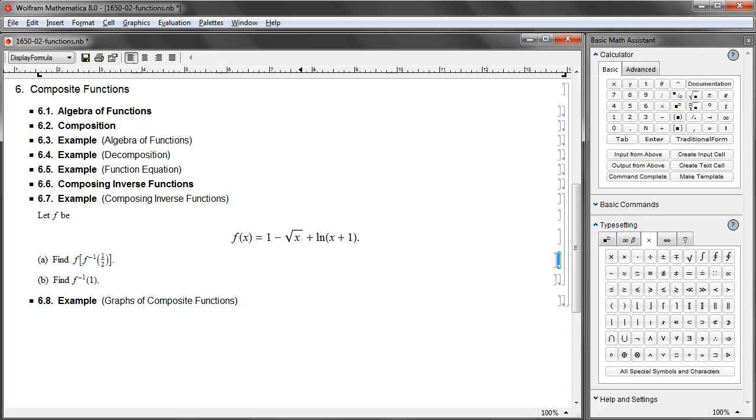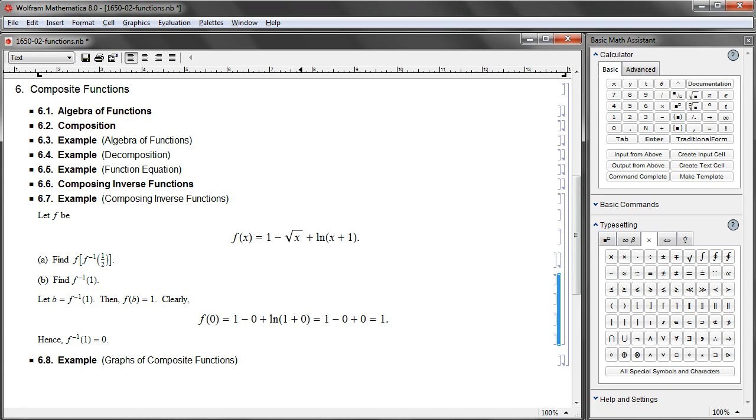In this case, we really need work. f inverse of 1 is b, so f of b is equal to 1. And when do we have 1 in this expression? Well, there you go.